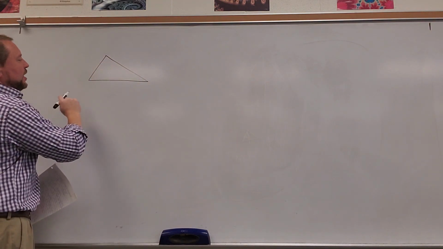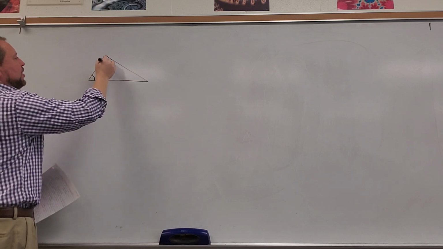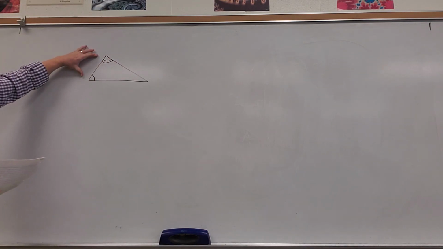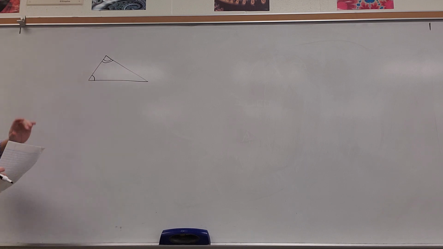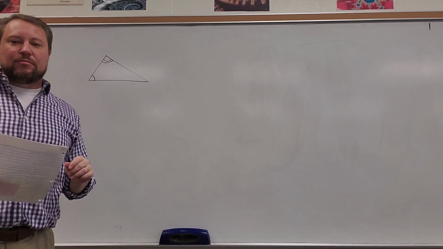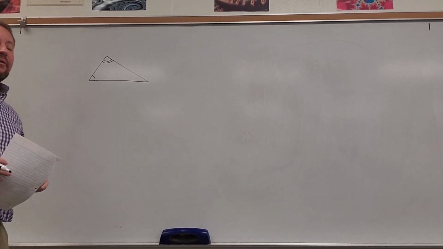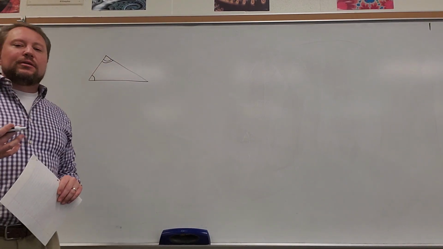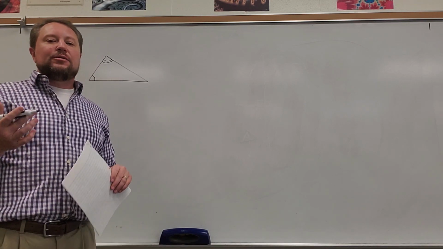So let's say we've got a triangle here, and on this triangle we already know that we've got some angles here and here, and I want to identify what would be considered the included angle, or I'm sorry, included side. When looking at this, just think of that word included as a fancy way of saying in between.